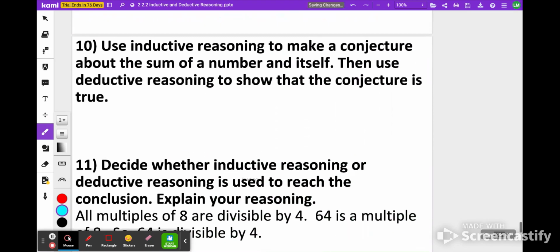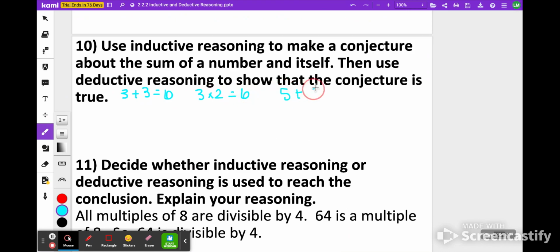Okay, number 10, use inductive reasoning to make a conjecture about the sum of a number and itself. Then use deductive reasoning to show that the conjecture is true. So if you take the sum of a number and itself, like 3 plus 3 is equal to 6, that is 3 doubled to get 6.